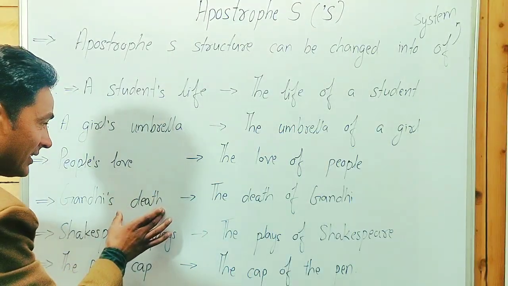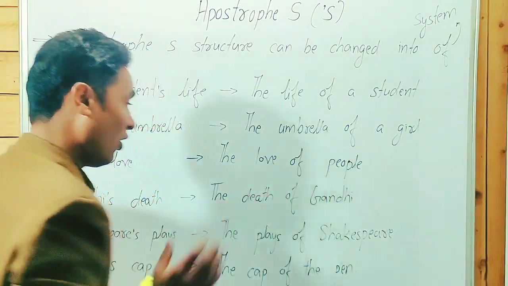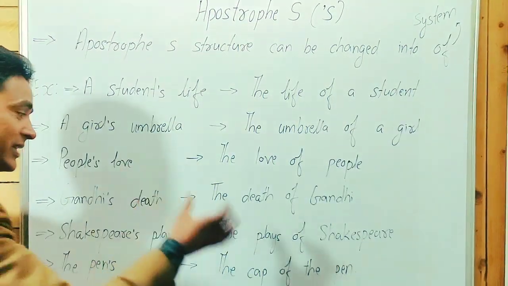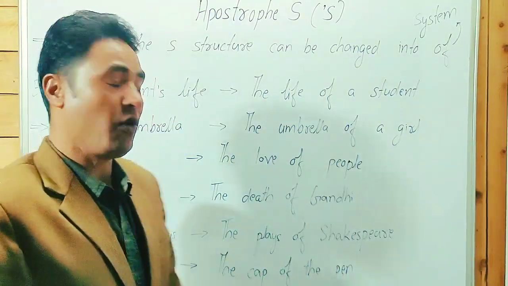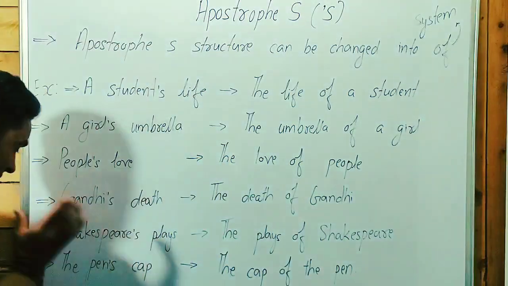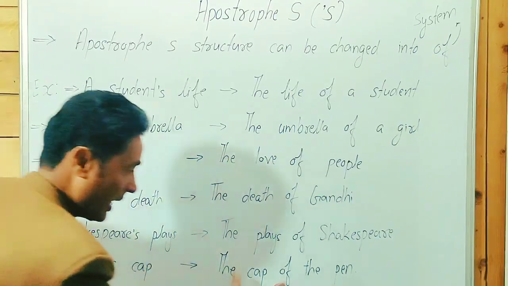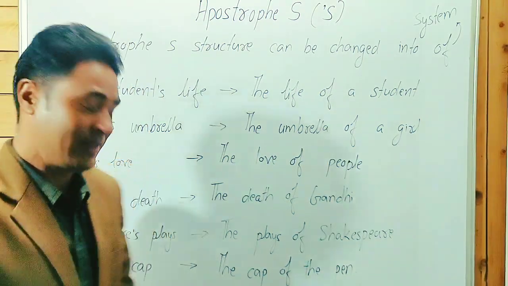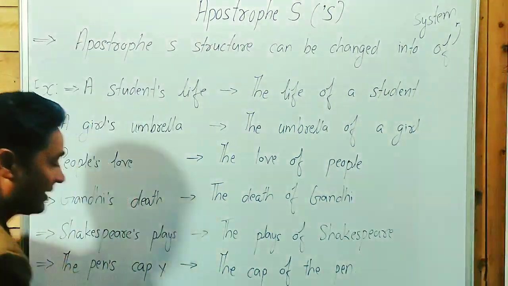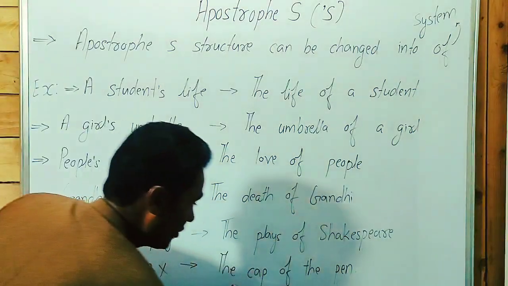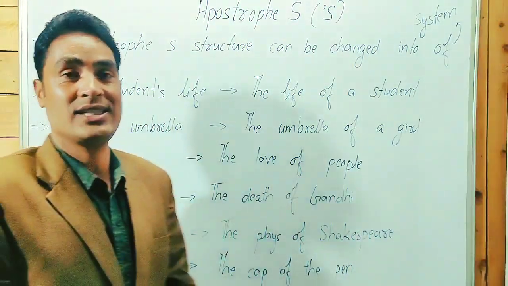Gandhi's death, the death of Gandhi. When we talk about Shakespeare's plays, this phrase can be written the plays of Shakespeare. Guys, point to be noted. But the pen's cap is an incorrect phrase, and the cap of the pen is correct.